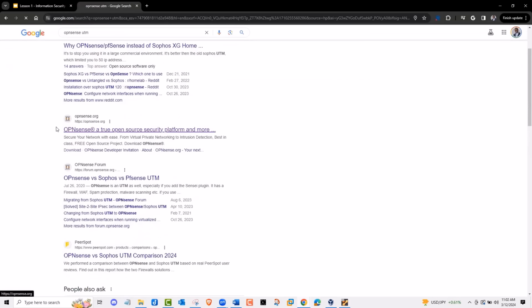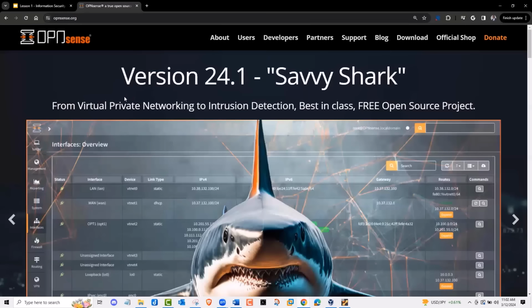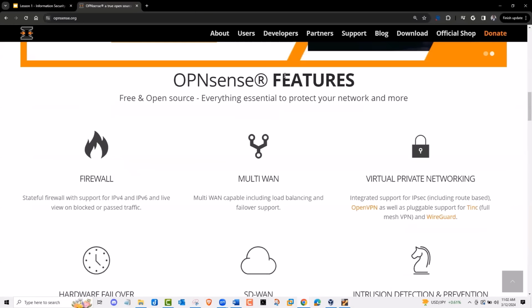Let me get here, right? So this is a unified threat management system, which means it's one single box that comes with a bunch of security capabilities. Scroll down a little bit and you start seeing the features of this OPNsense. It's a free UTM. It's open source. You can download this and start playing with it.